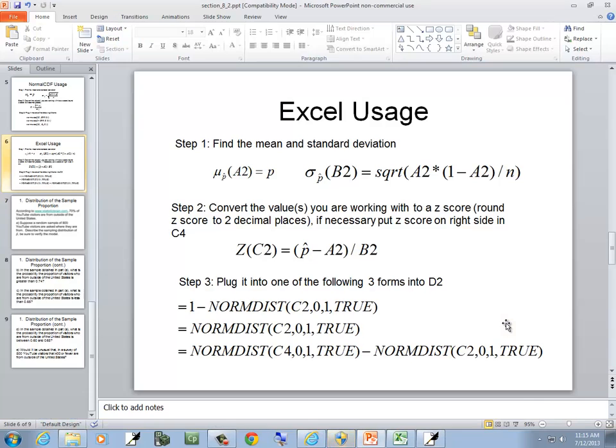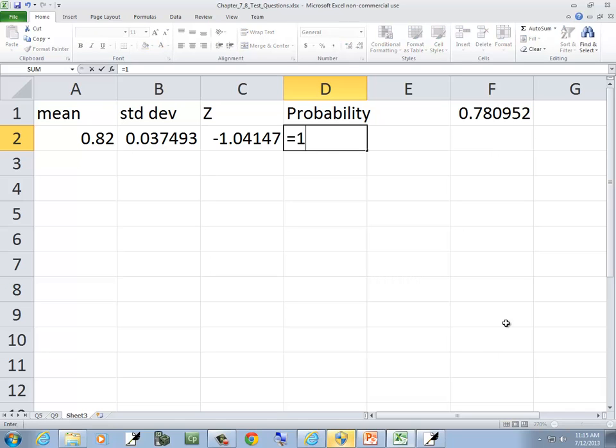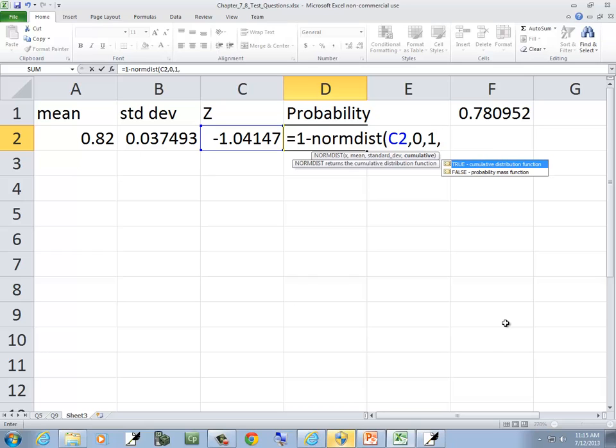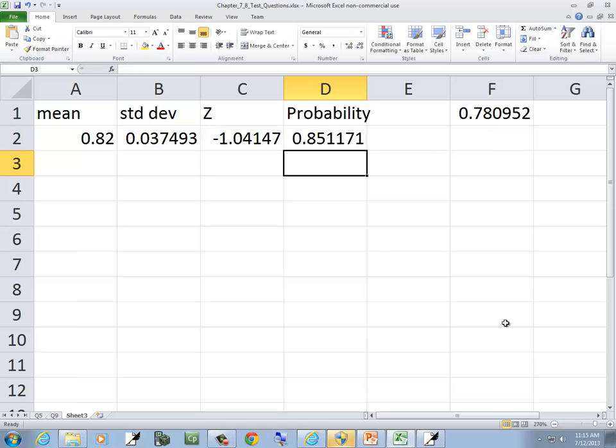So we're going to do equals 1 minus NORM.DIST, beginning parentheses, C2, comma, 0 for our mean, standard deviation is 1, and cumulative we'll put true in. And close parentheses and enter.